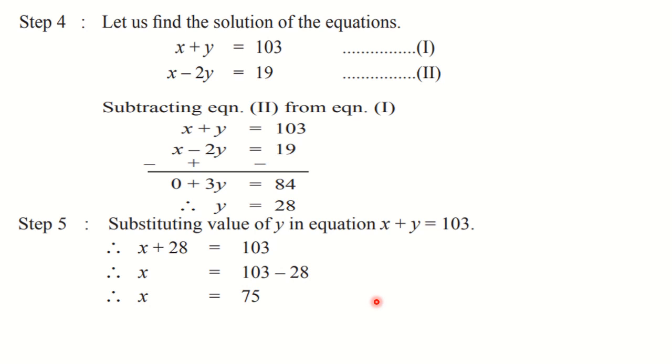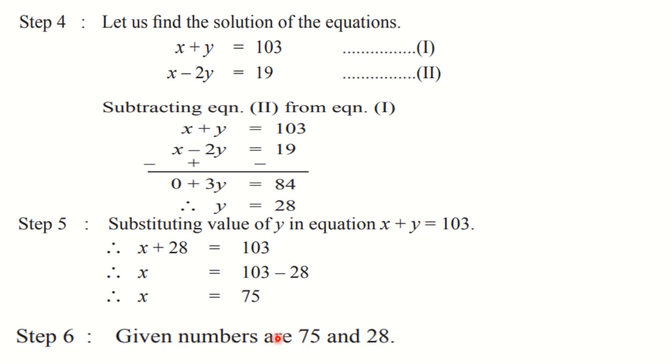In this way we have got the values of both the variables. Since it's a word problem, the last step is to write the answer as a statement. Therefore the given numbers are 75 and 28, or you can say the greater number is 75 and the smaller number is 28.